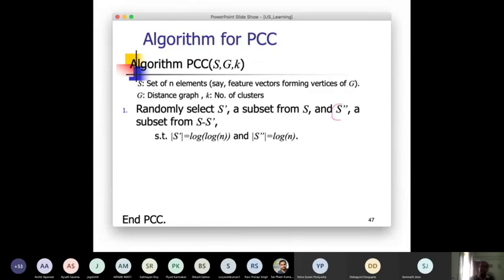S double prime should be disjoint with respect to S prime, and also disjoint with respect to the remaining part. Let me use the pen to denote this. So you have S prime, S double prime, and then the remaining part.